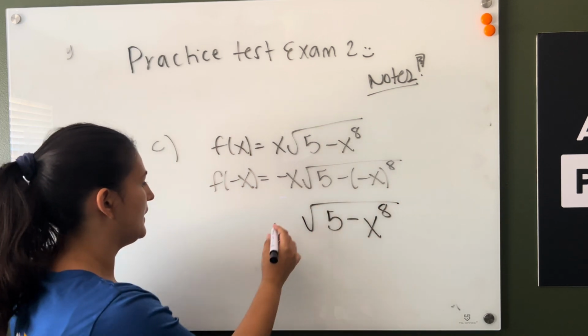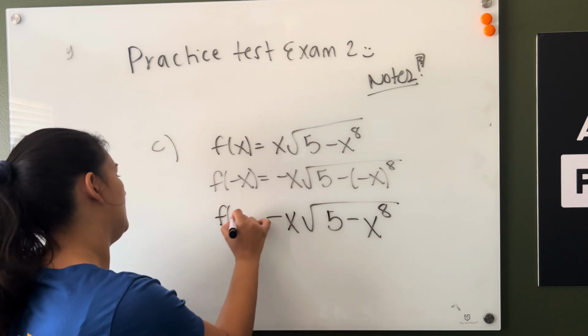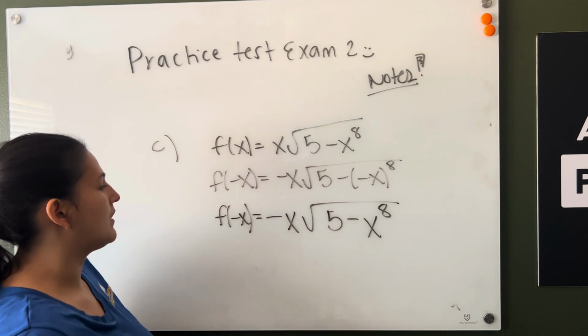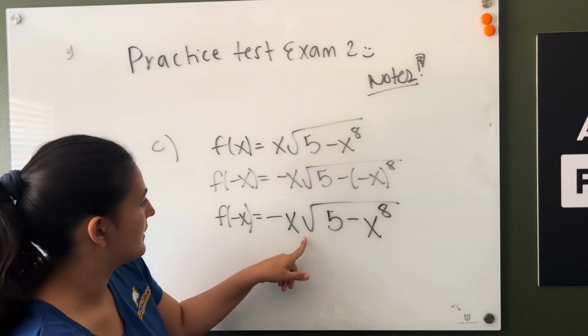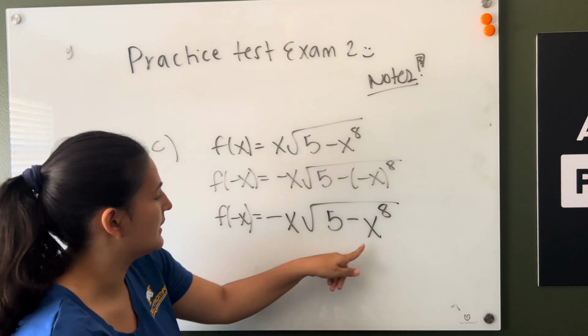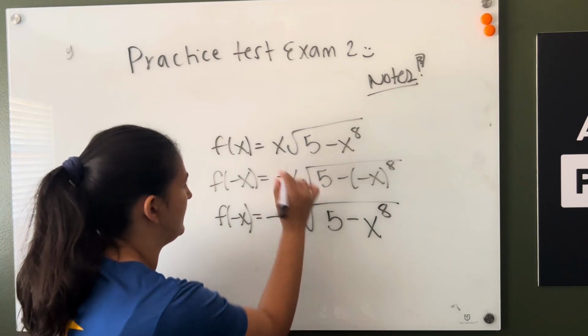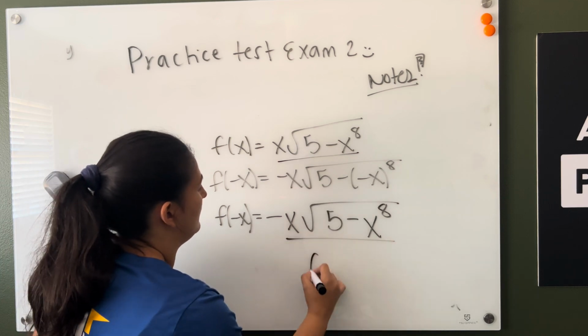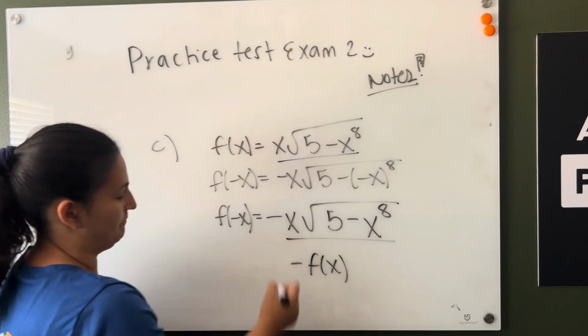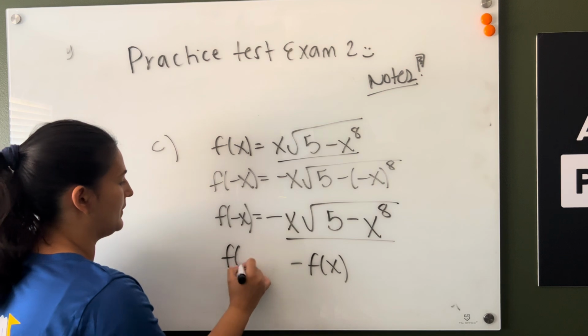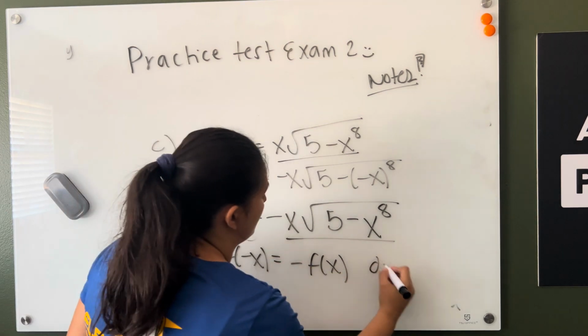Everything else stays the same, and here's another case of an odd function, because this x times the square root of 5 minus x to the 8th is f of x, right? But there's a negative in front, so that means that it satisfies the definition of odd.